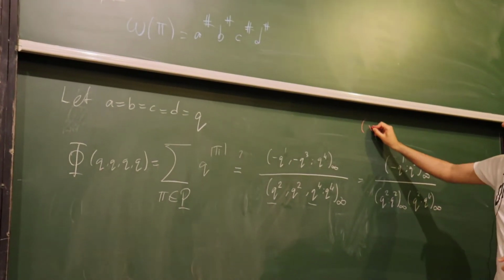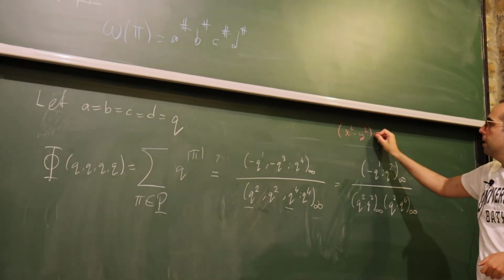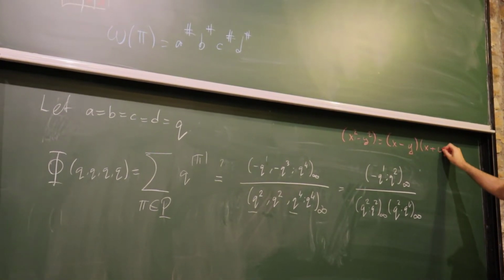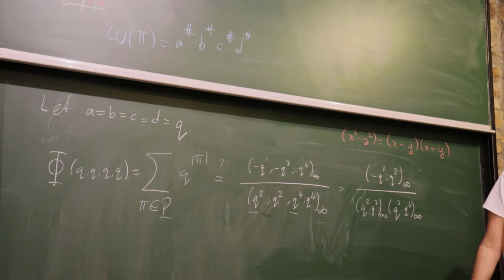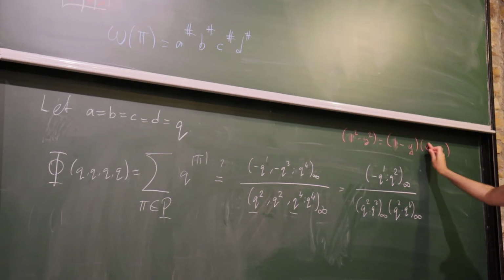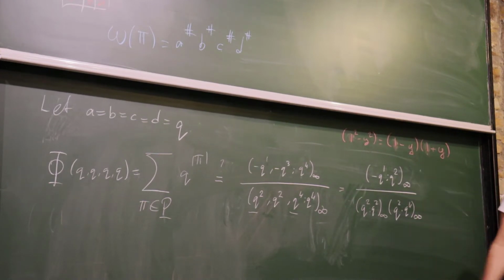We have x squared minus y squared is equal to x minus y and x plus y. Good enough? I will even say we have 1 squared is 1 minus y, 1 plus y, because we always have the first thing to be 1 anyway, so who cares?